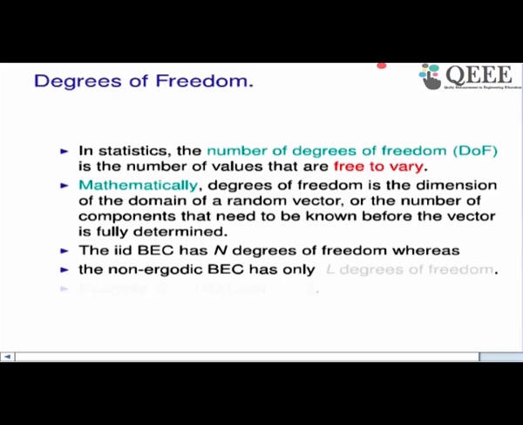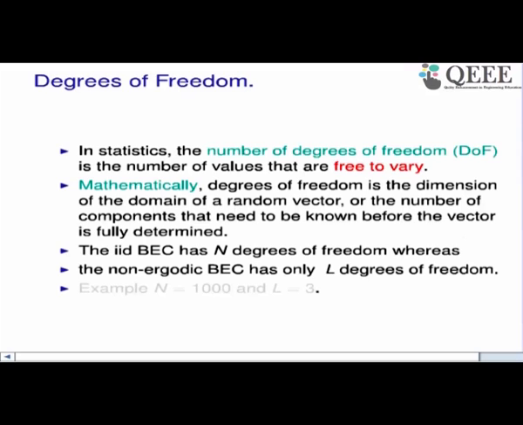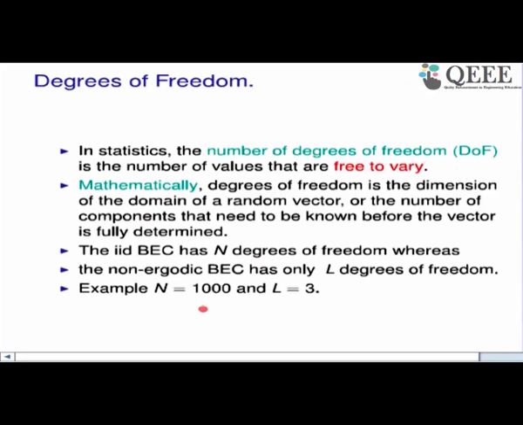So the number of degrees of freedom in a non-ergodic channel is going to be L. As a simple example, N in a packet would be at least 1000 bits, that is typical, but L may be of the order of 3. So you see the degrees of freedom vary a lot between an ergodic channel and a non-ergodic channel.